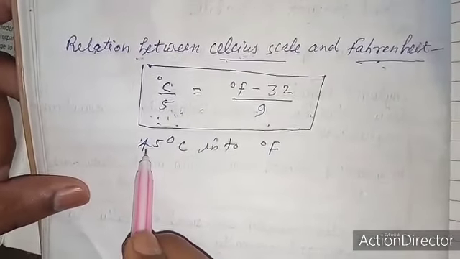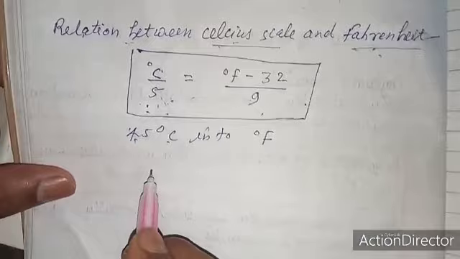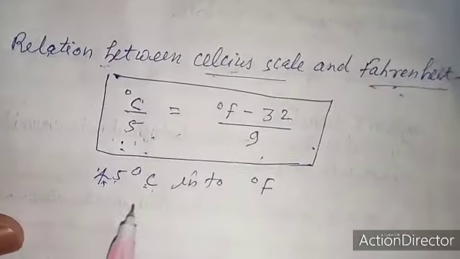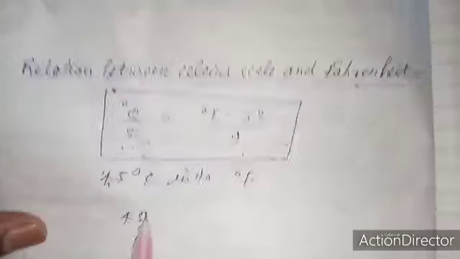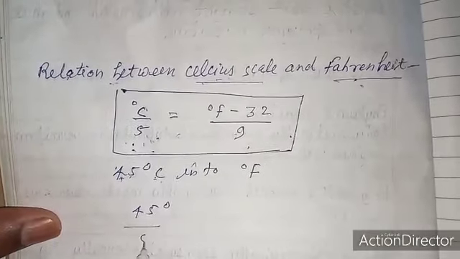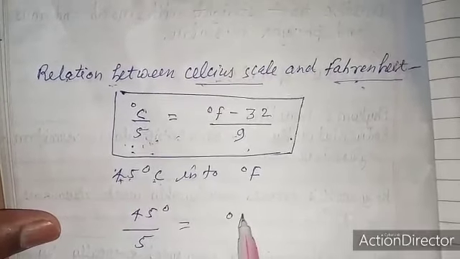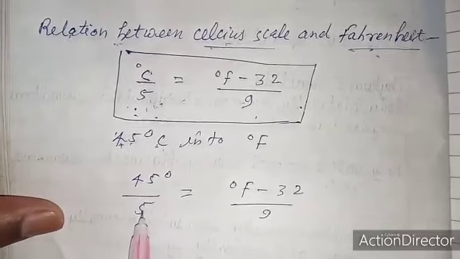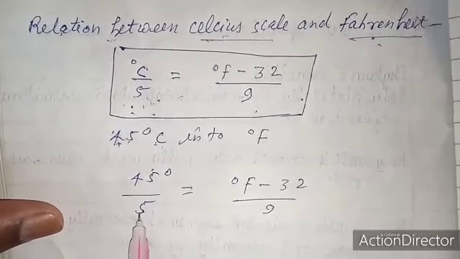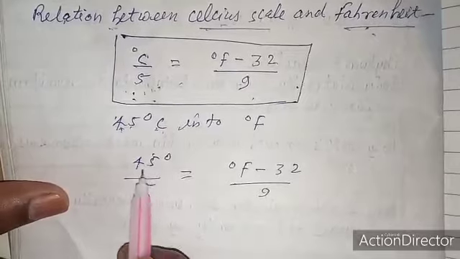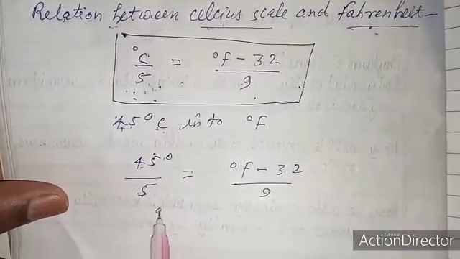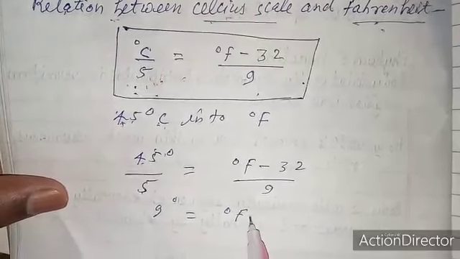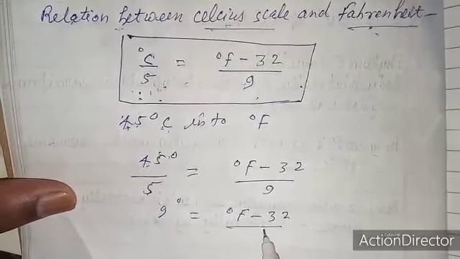Celsius is 45, so 45 upon 5 is equal to degree Fahrenheit minus 32 upon 9. 45 divided by 5 is equal to 9. So 9 is equal to degree Fahrenheit minus 32 upon 9.